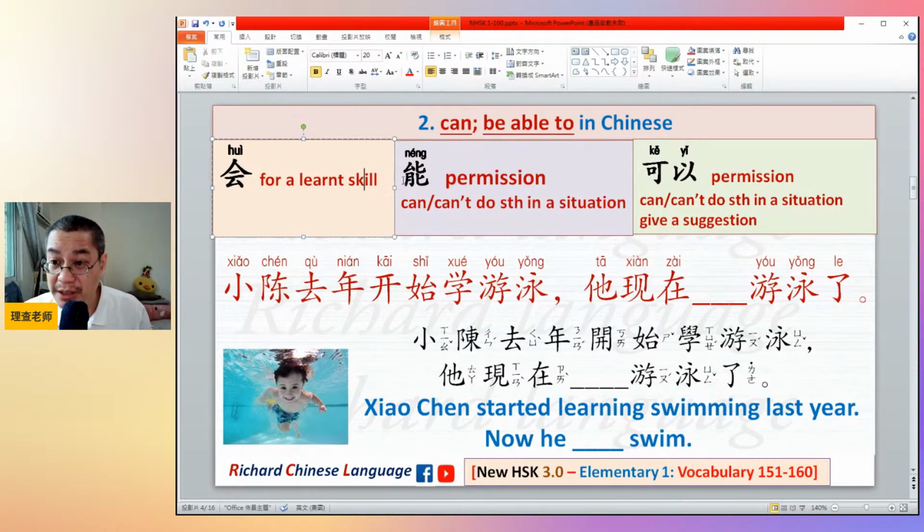Okay, when we use 能, it also means can or be able to, but that means you can do something in a situation, or you are not allowed to do something in a situation. So mainly it's about you can do something or you can't do something in a situation. And don't worry if you don't understand my poor English, we will figure it out in our example sentences.